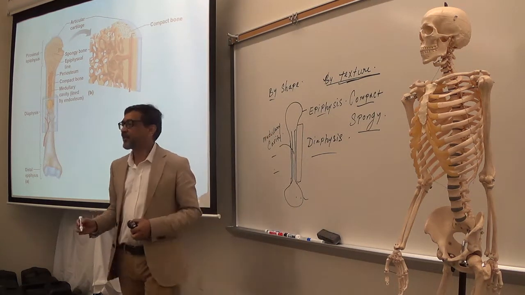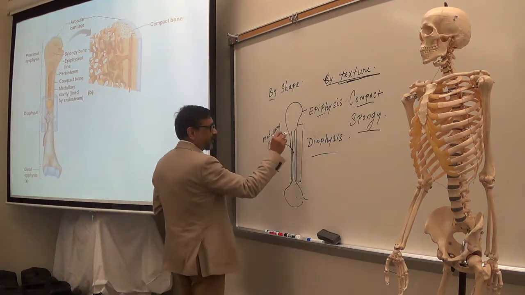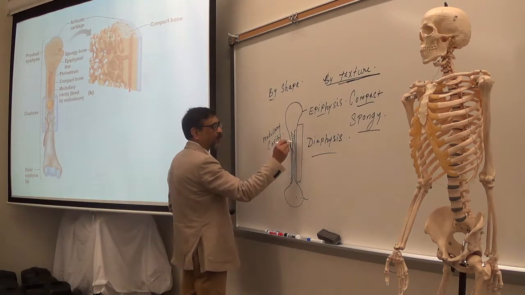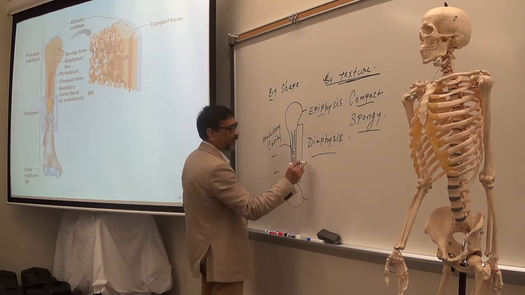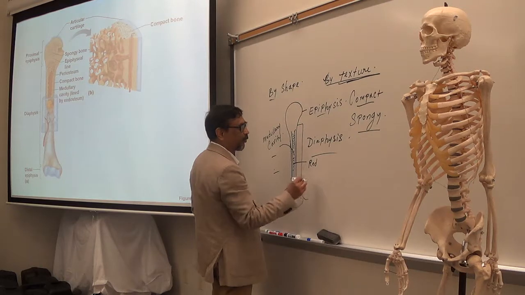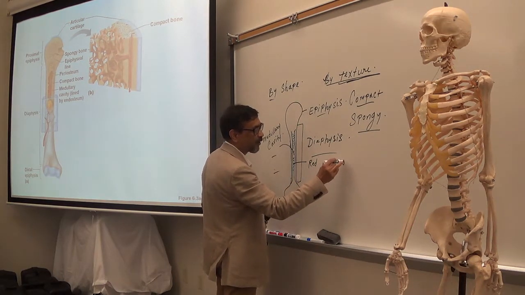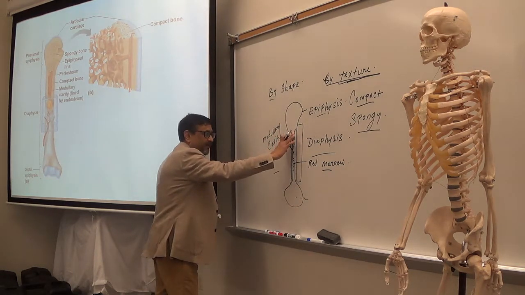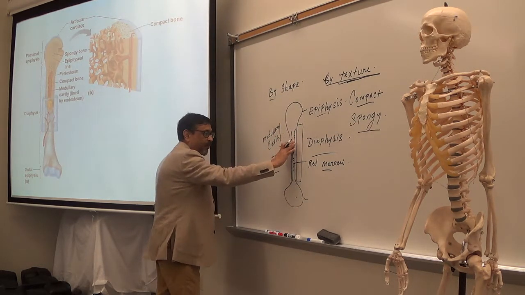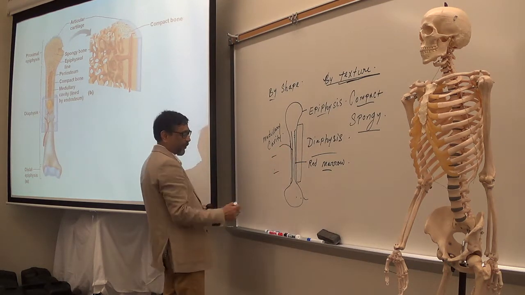In early stage of life, the medullary cavity is filled with red bone marrow, in early part of life. But in adults, what happens, the red bone marrow is replaced by yellow bone marrow.